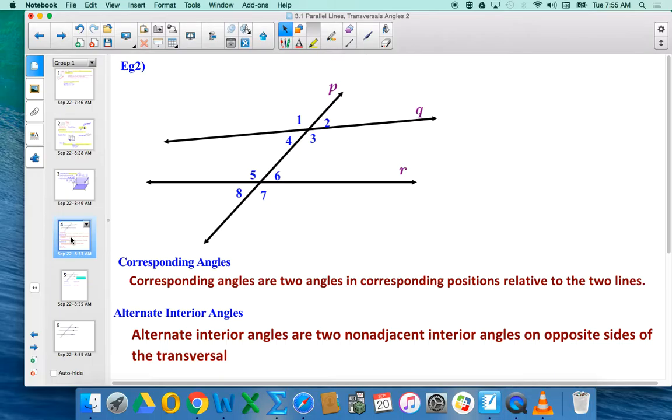First, we're going to talk about corresponding angles. Corresponding angles are two angles in corresponding positions relative to the two lines.